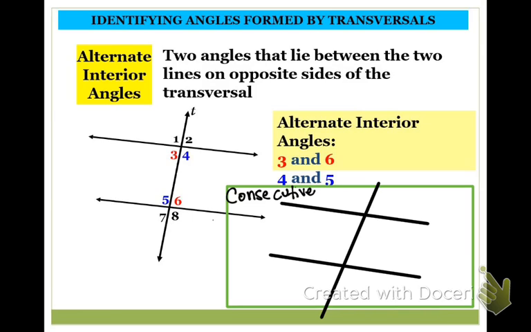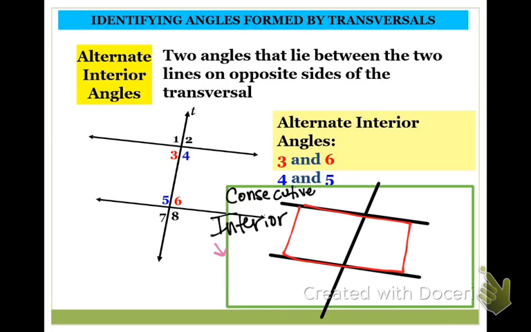On your page, what's the name of these angles? Interior. Consecutive and interior. So where do you think these angles are? On the inside. So again, you want to highlight that box. They're going to be on the same side of the transversal.